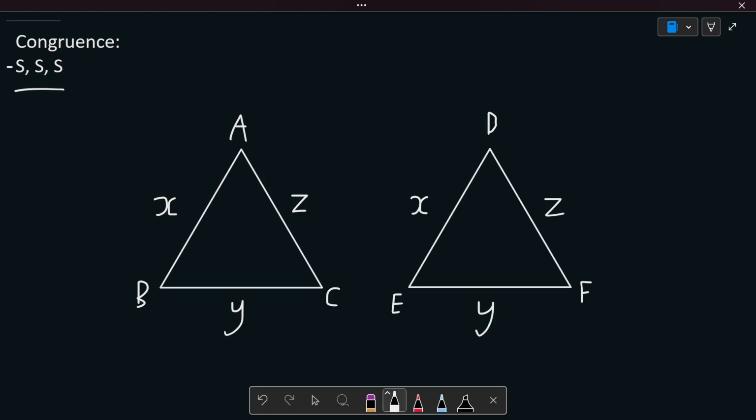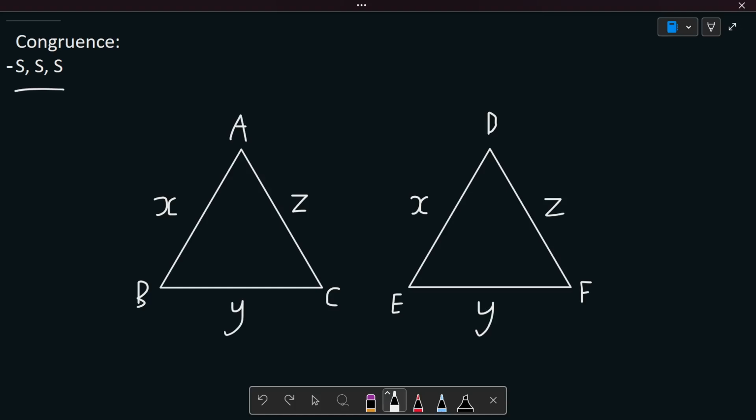We have triangle ABC once again, and triangle DEF, and we want to show that these two are congruent to each other. What this reason tells us is that all of the corresponding sides have to be exactly the same. And this is the only difference compared to similarity.